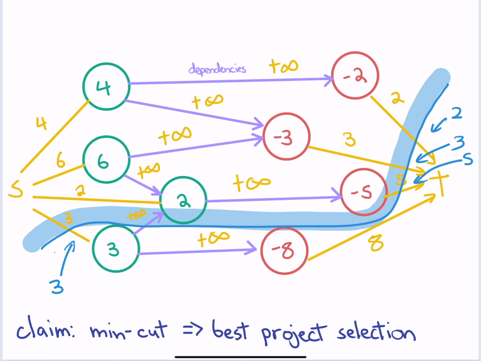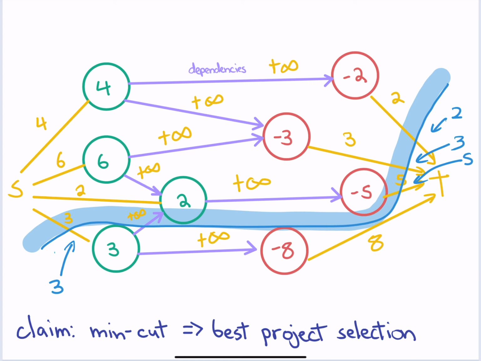This at least makes some sense, because in general I want to minimize all those negative costs, right? That 2, that 3, that 5, that's bad, and I want that to be small in a minimum ST cut, just like I want the expenses to be small in a project selection. And on the left, this 3 is the amount of profit I'm leaving on the table, which I also want to be small. I want to get all the profitable projects ideally.